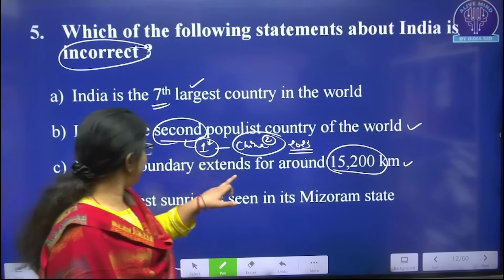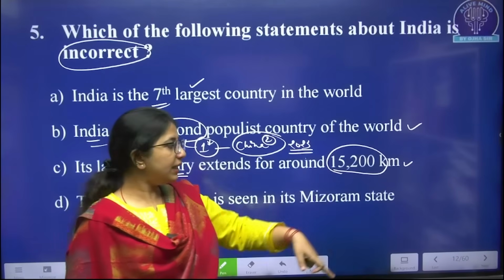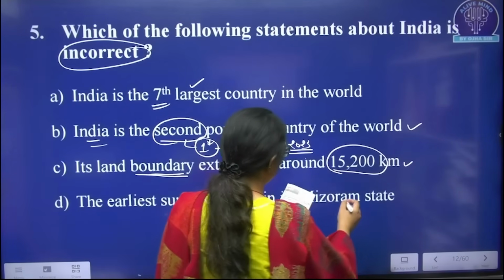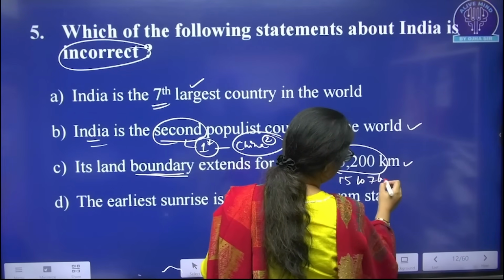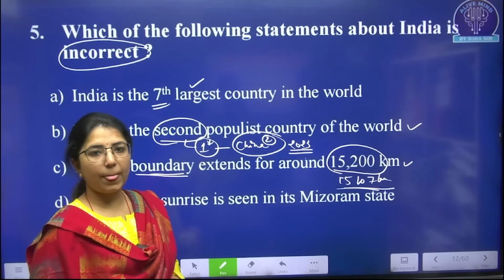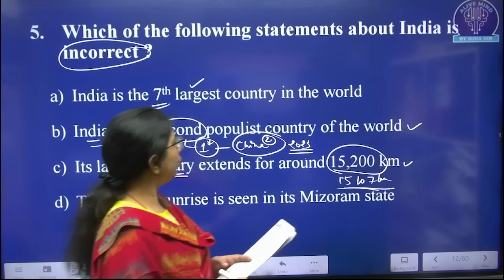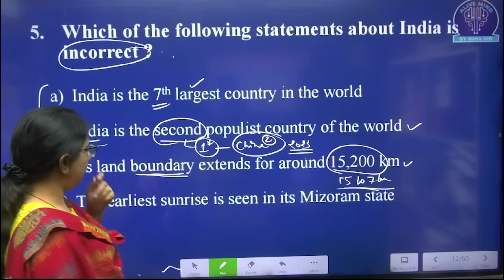Now the boundary extents have been revised and the data has come. It is around 15,107 kilometers, I guess. That time it was right. Okay. So the year in which this question was asked, these 3 options were correct.